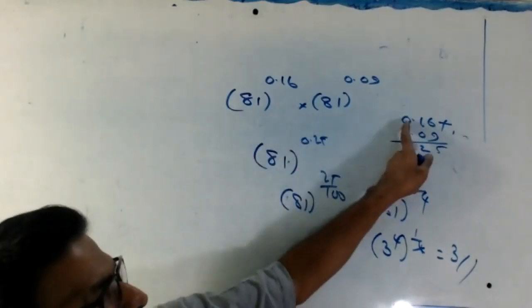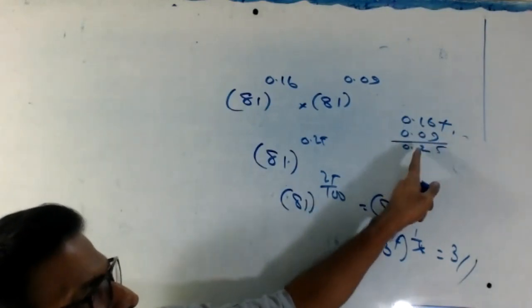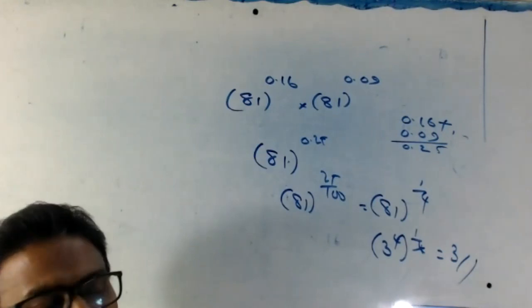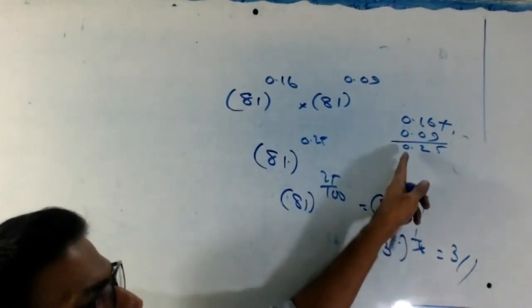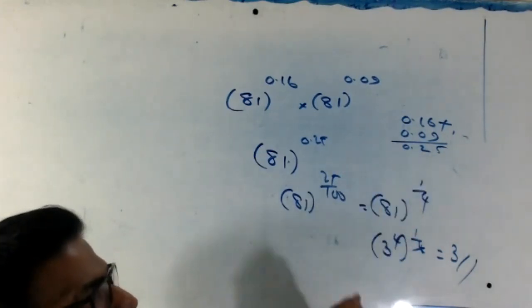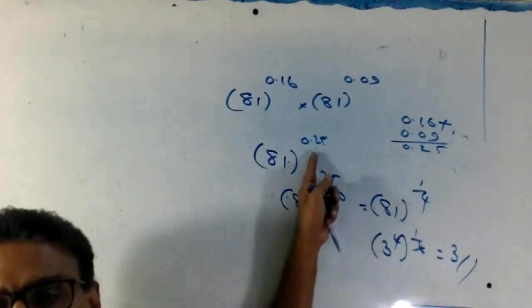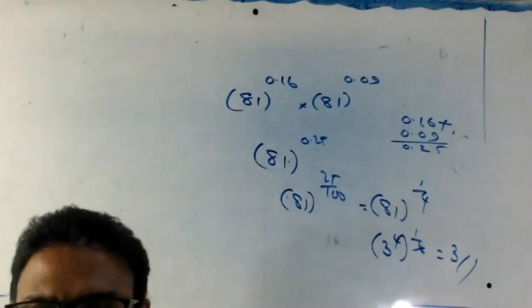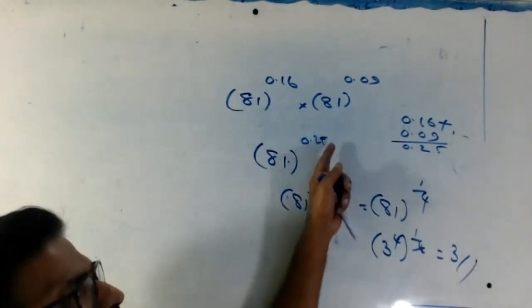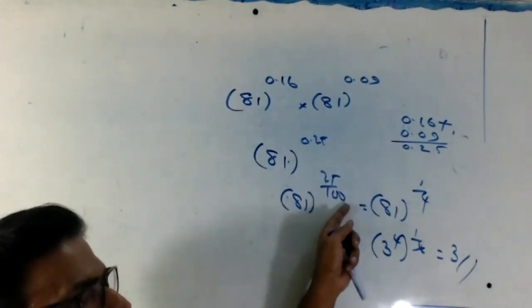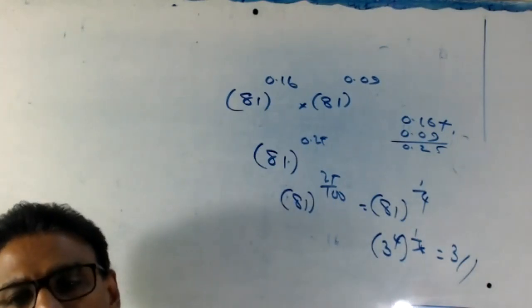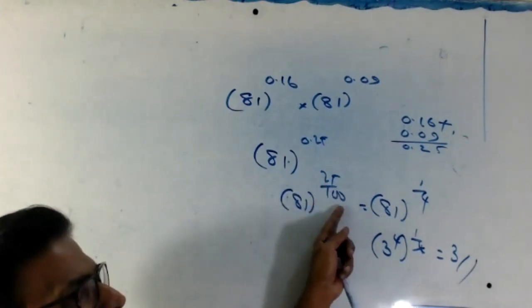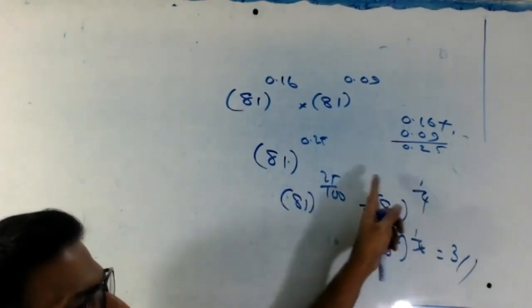So I added 0.16 and 0.09, we got 0.25. Then 0.25 we can write in the fraction form, 25 by 100. 25 by 100 we can cancel, it is 1 by 4.